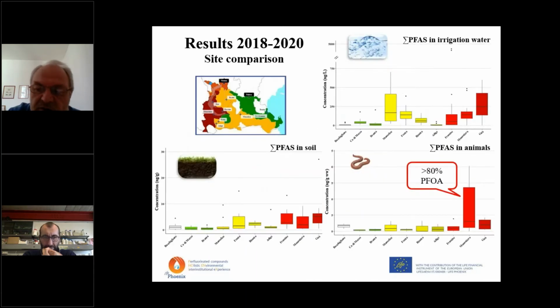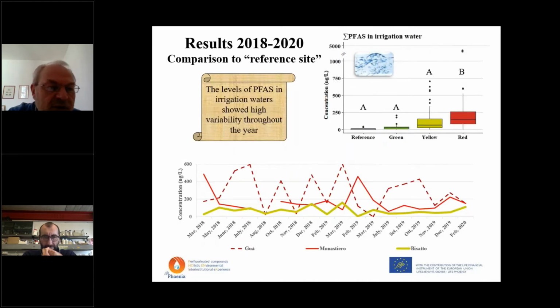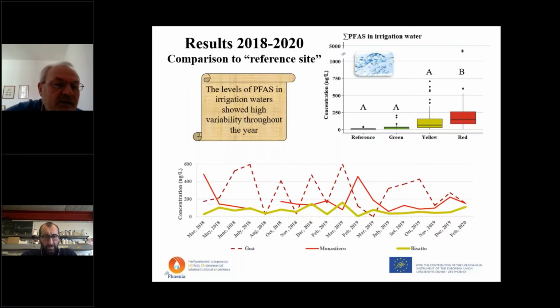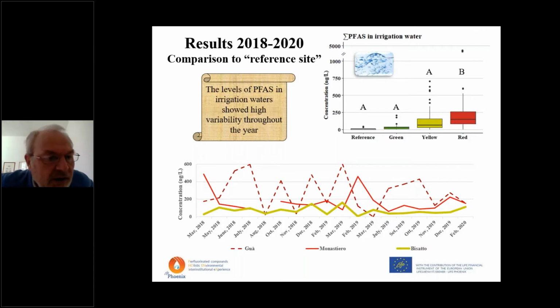You also have to underline that the company is now closed. So in the last years we passed from 2018, when there was still activity of the fluorochemical plant, to 2019-20, where the activity of the plant was closed.